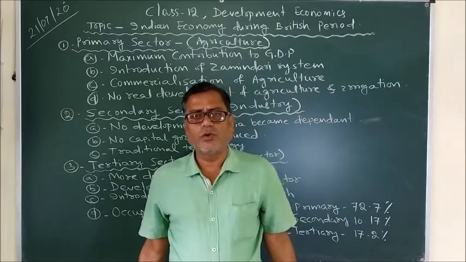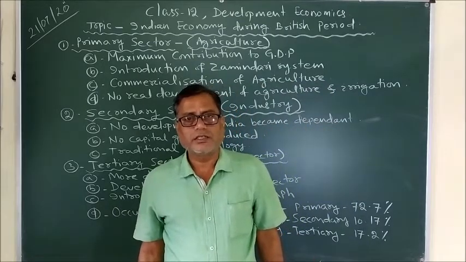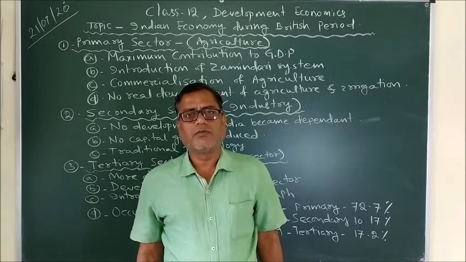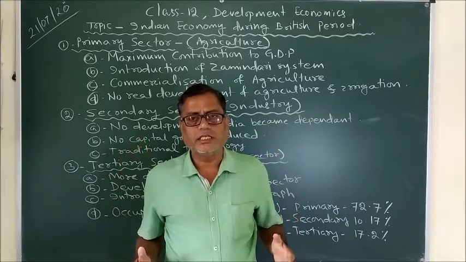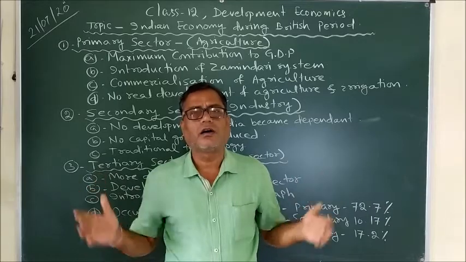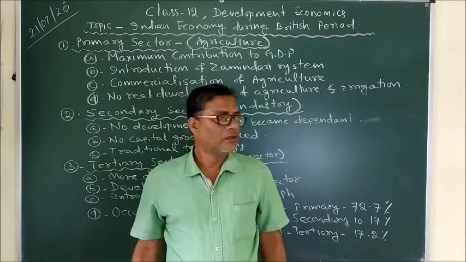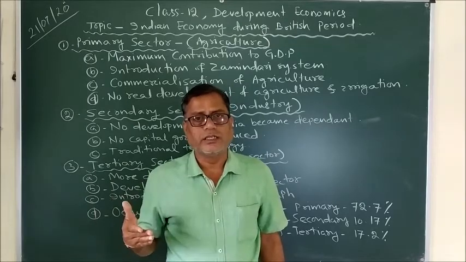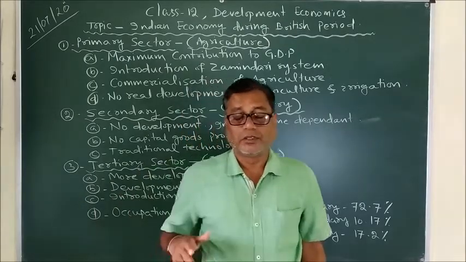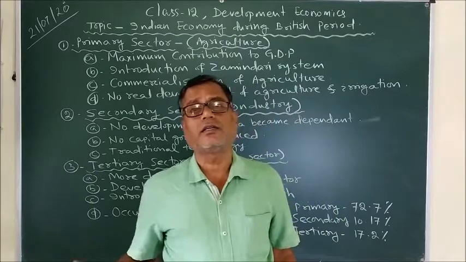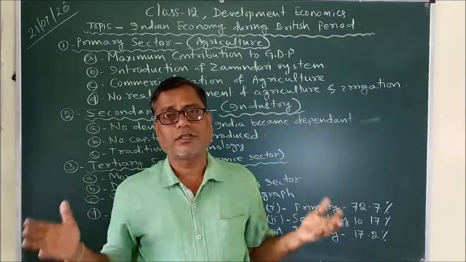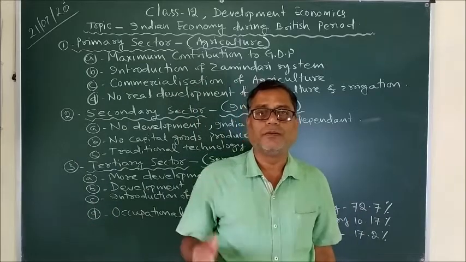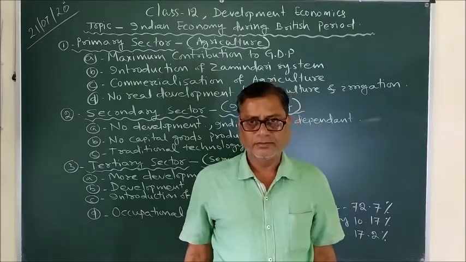Students, all of you know that the British came to India not to make friendship, but it was their deliberate policy of expansion or colonialization. They made different parts of the world their colony, and economically exploited those colonies or territories for their own benefit or gain.